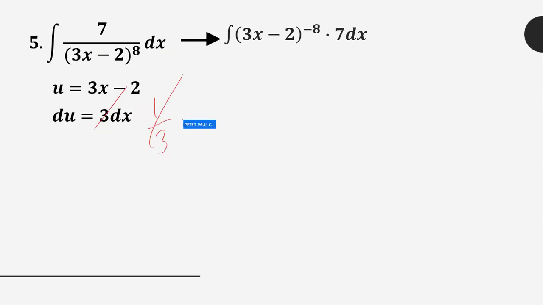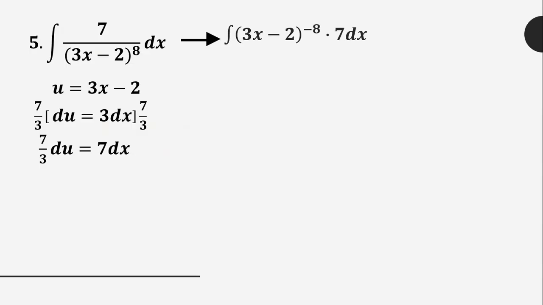So we have to think, how does it become 7? So therefore, you have to multiply by 7. So what do you think? Correct. We'll multiply 7 over 3 on both sides, so that when you cancel, what will remain is a 7 dx. Okay? So we'll have 7/3 du is equal to 7 dx.